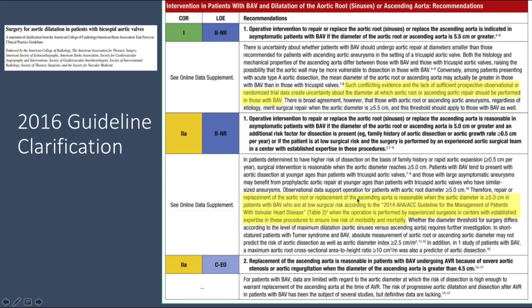But they also put in as a class 2A recommendation that it's reasonable to do surgery in those with an isolated aneurysm and a BAV who have an aortic dimension of 5 centimeters or higher, but are low surgical risk candidates, and are being done by a surgeon that has good results. So I'm assuming that perhaps in our population here at the University of Washington, maybe we should be referring these patients at a dimension of 5.